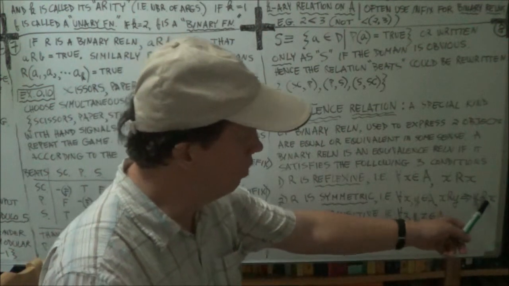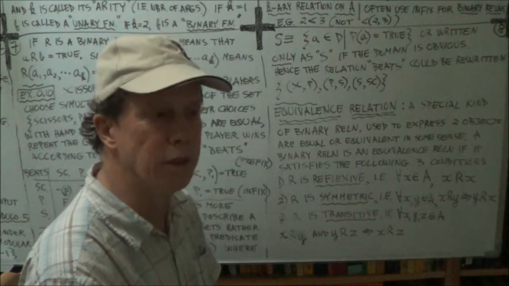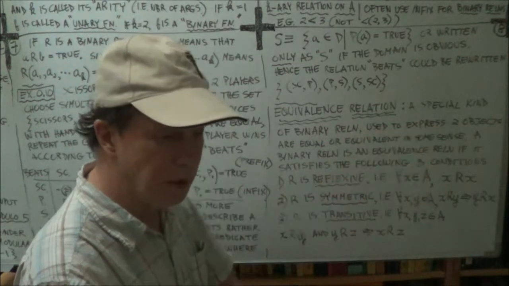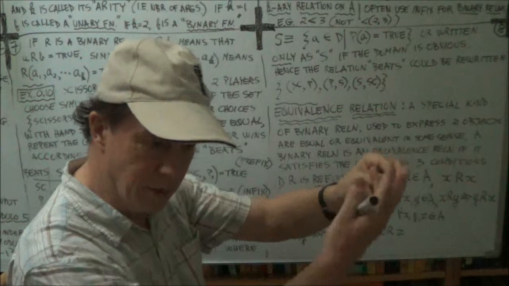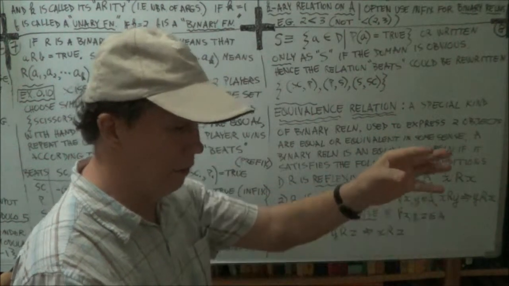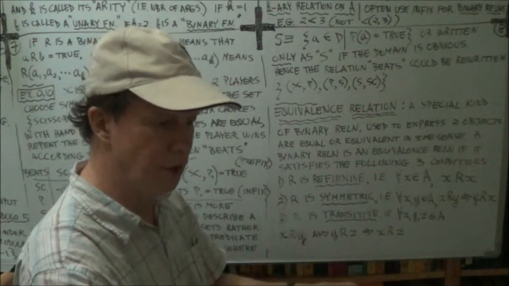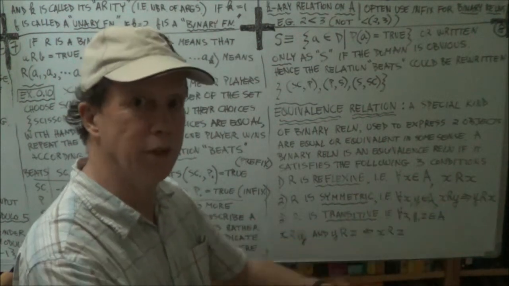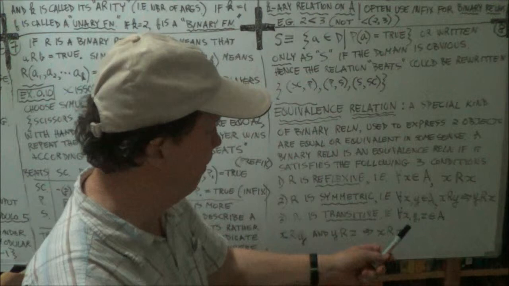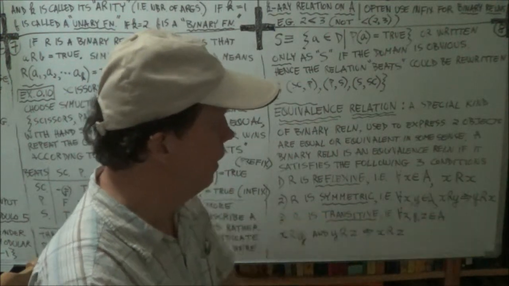Well, therefore Jim is a relation of Tom, right? If Tom's the father of Jim, well then Jim is the son, in other words, a relation of Tom. If Tom's the uncle of Jim, well then Jim is the nephew of Tom, right? So that would be an example.